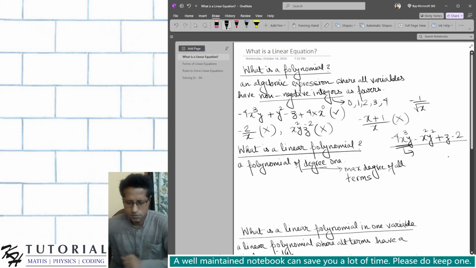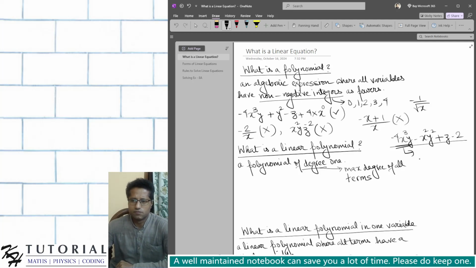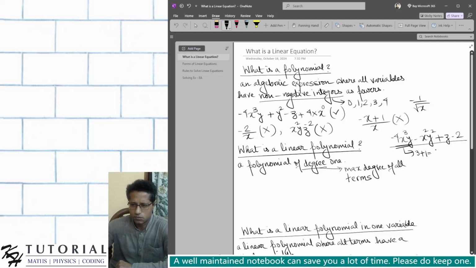The degree of a term is the sum of the powers of all its variables. In the term minus 4 x cube y, the variable part is x cube y, and the sum of their powers is 3 plus 1 equals 4. So the degree of the first term, minus 4 x cube y, is 4.